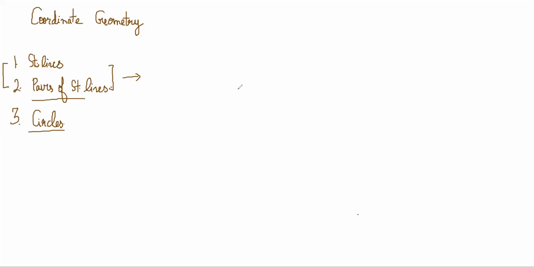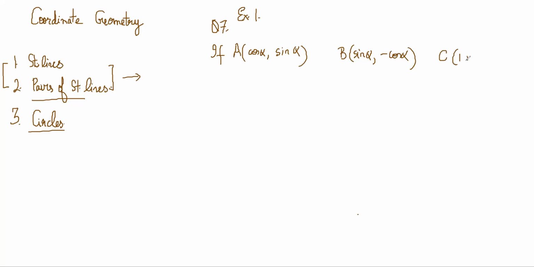Question 7, exercise 1: If A(cos alpha, sin alpha), B(sin alpha, minus cos alpha), and C(1, 2) are vertices of a triangle, then as alpha varies, the locus of its centroid is what?